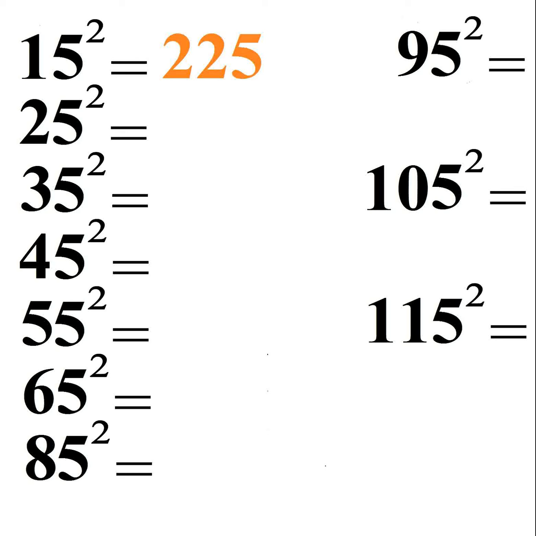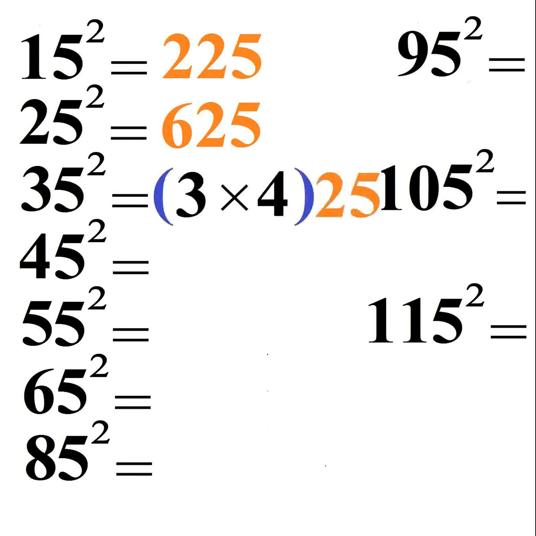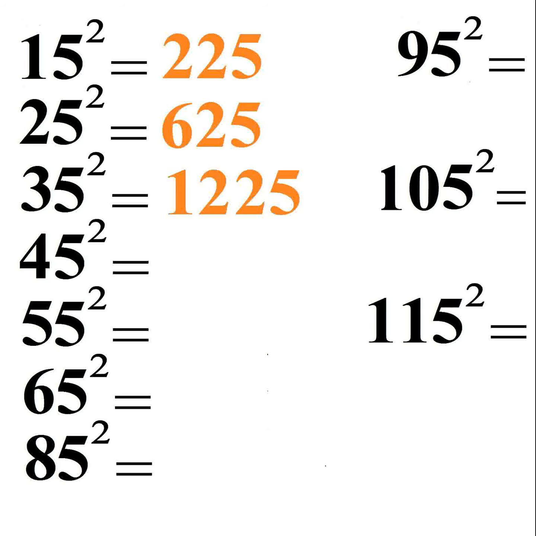Let's go to 25 squared. We should multiply 2 into its next integer 3, then 25. So 2 times 3 equals 6, and the answer would be 625. Let's go to 35 squared. We should multiply 3 into 4, then 25. So that would be 1225.